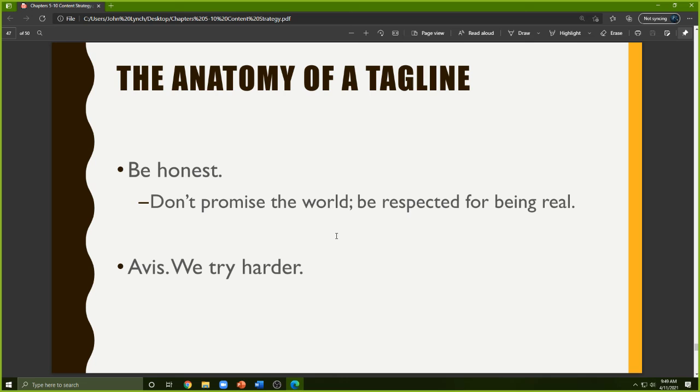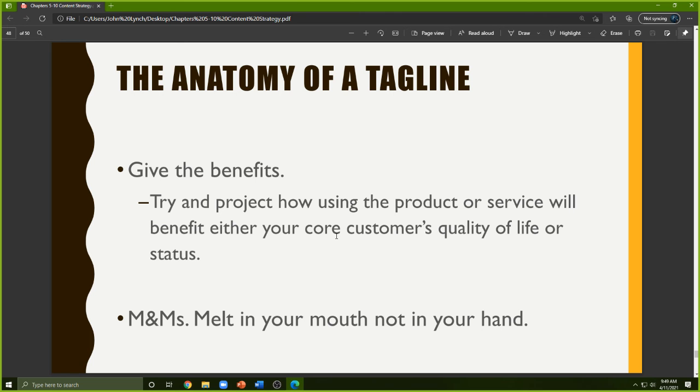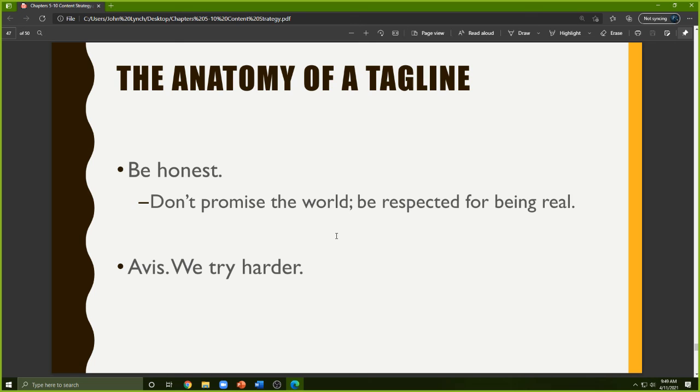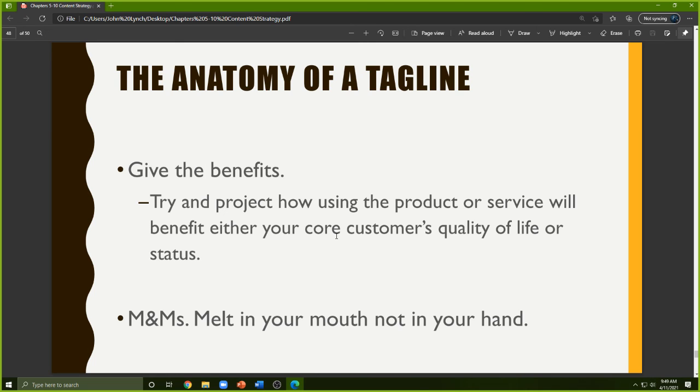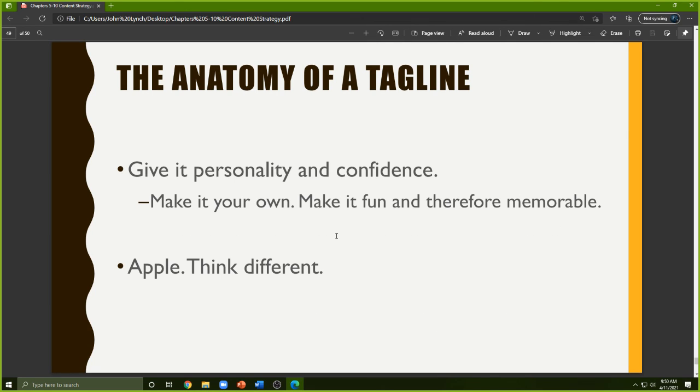And then again, these are just more examples of taglines. Cool. So again, just be straightforward about your brand. Ask a bit about what some benefits are as well. Your tagline can be anything you want it to be, but essentially you want to make it attached to your core customer, right? And then a very important aspect of it too is that it should have a type of personality, which is kind of weird, right?